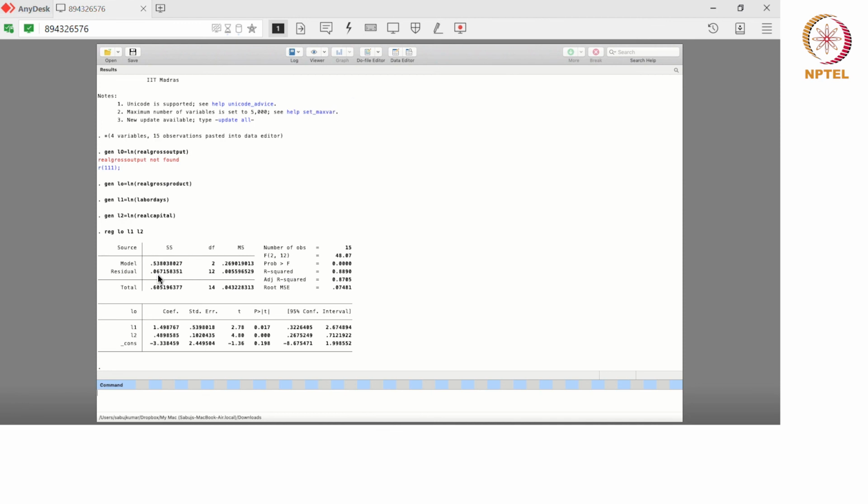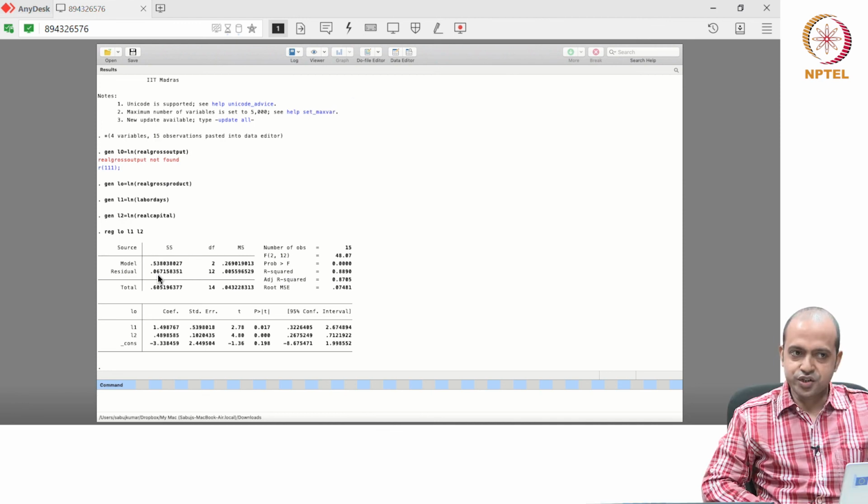Then you have to estimate the RSS restricted one, and how will you do that? Again, you have to convert your dependent variable into the output labor ratio and the independent variable into the capital labor ratio. Simple, again using the gen command. Put a name, let us say gen L output, defined as output by labor.